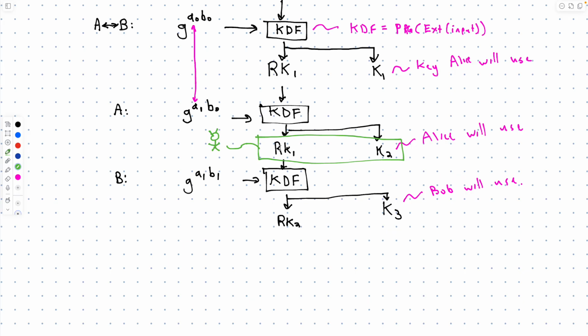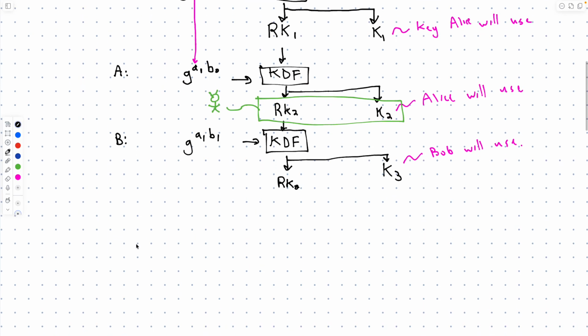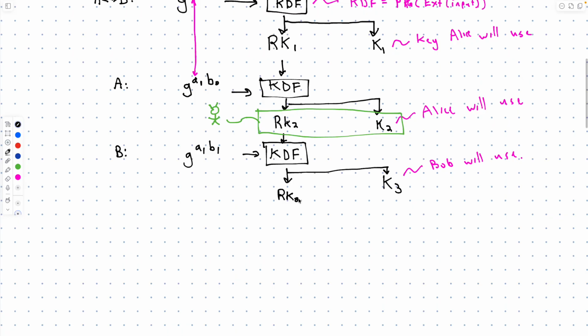So they're going to get, say, RK1, that should say RK2, sorry, and K2. And that's RK3, that's the last one.